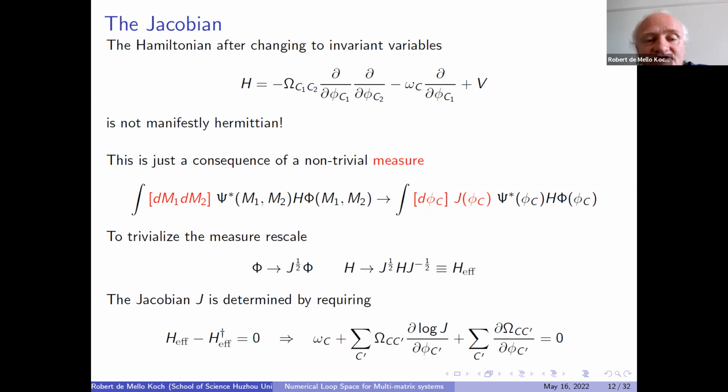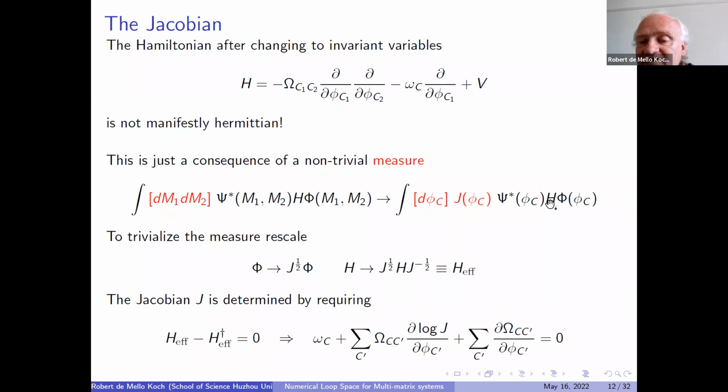The original Hamiltonian was Hermitian, and it's a consequence of the fact that we've now got a non-trivial measure. So in the original matrix quantum mechanics, our measure was just to integrate over all of the matrix elements. So we're integrating over 2 n² matrix elements, some psi star Hamiltonian phi. After the change of variables, we're now integrating over loops, but we have a non-trivial Jacobian appearing.